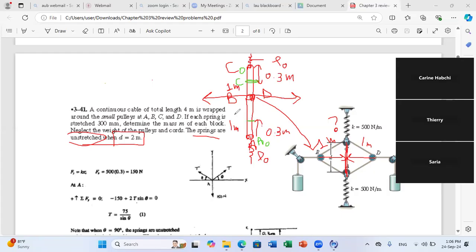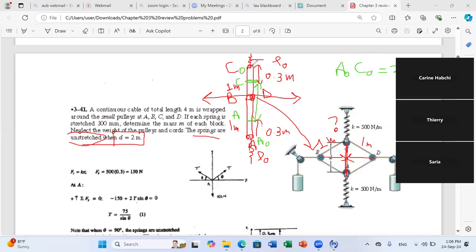The information given in this problem will allow you to calculate what D is now. At the initial state, what was the distance between A0 and C0? 1 plus 1, you have 2. Yes, exactly, 2 meters. Now, they said each of the springs is stretched 300 millimeters.